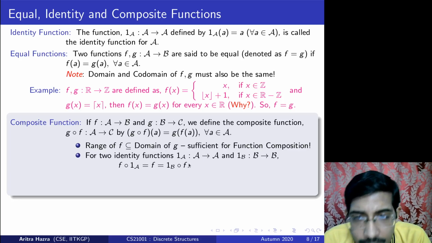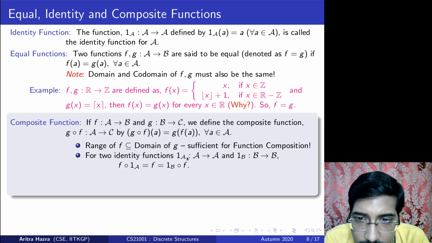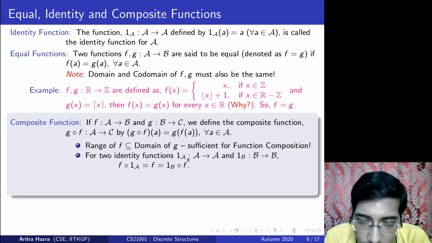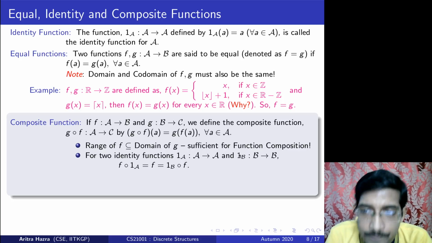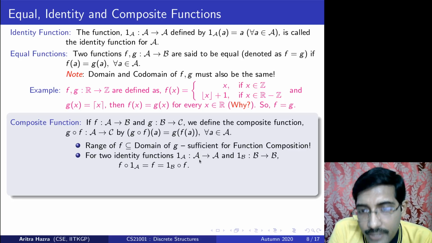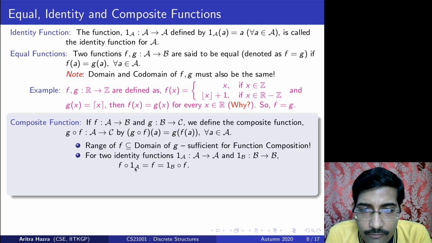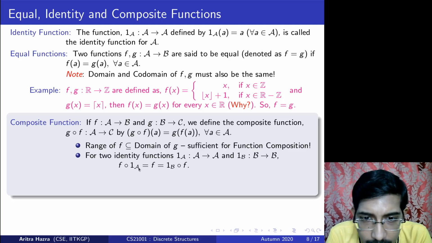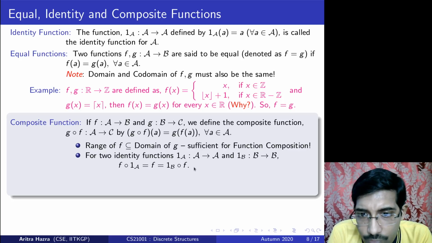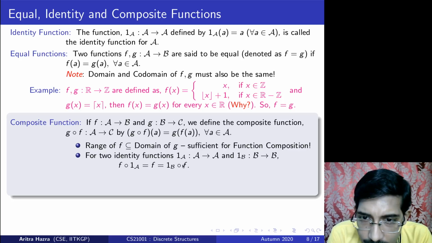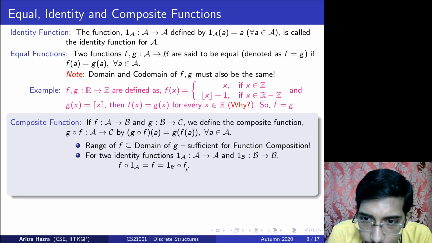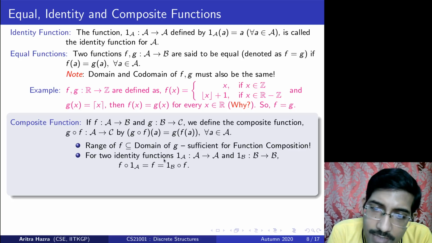Now consider identity functions. If you remember, an identity function gives back the same value you put in for association; it just maps back to itself. So I_A is an identity function from A to A, and I_B is an identity function from B to B. Then we say that F composed with I_A is equal to F, because I_A of a will give you back a, which gives F of a. Similarly, I_B composed with F: F of a is from B, and given to I_B it gives back the same F of a, so it is the same function.